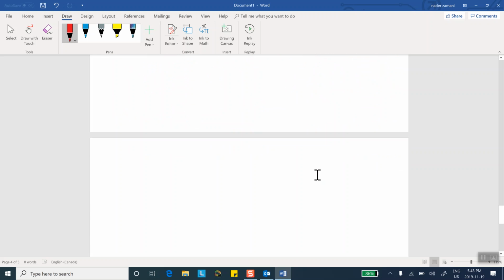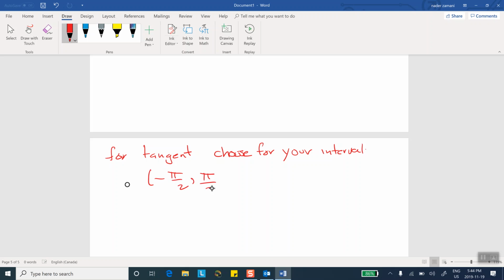So, let's say for tangent, choose for your interval, in the majority of cases, this is going to be a fairly good choice: the interval minus pi over 2 to pi over 2.